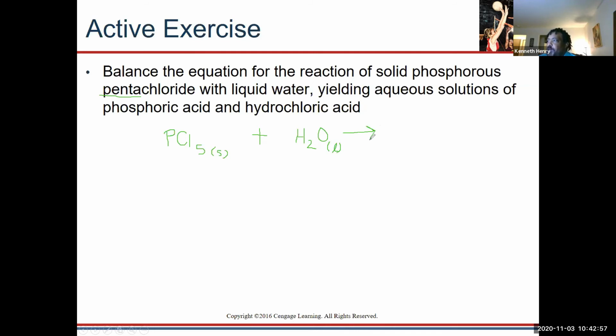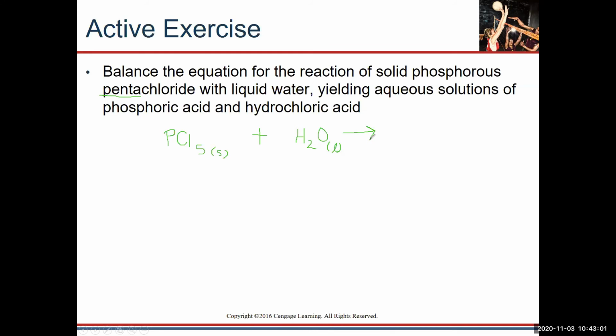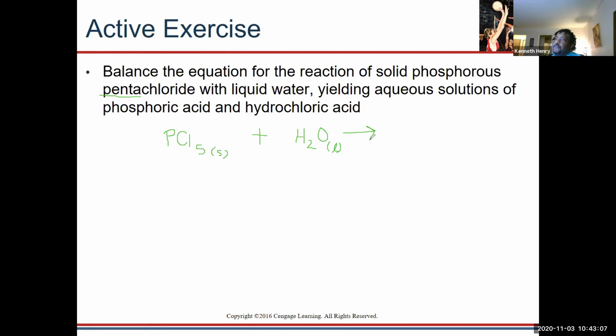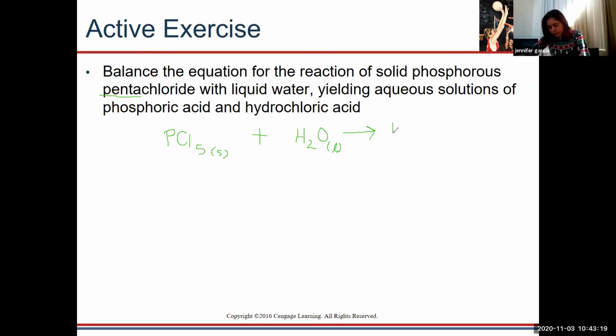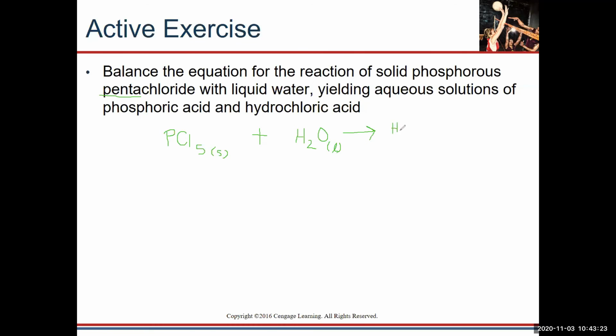Okay, and what are we making? Phosphoric acid and hydrochloric acid. Okay, and what is the chemical formula for phosphoric acid? PO4. Oh, wait, is it PO4?